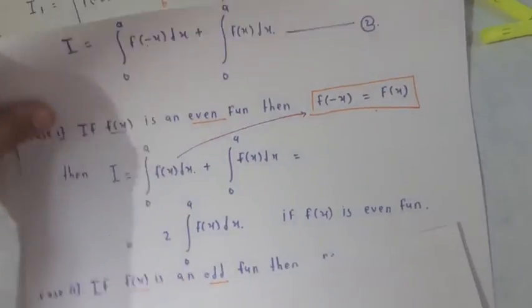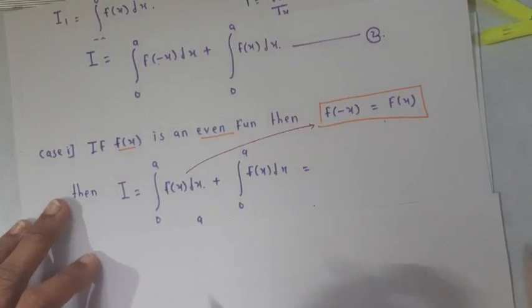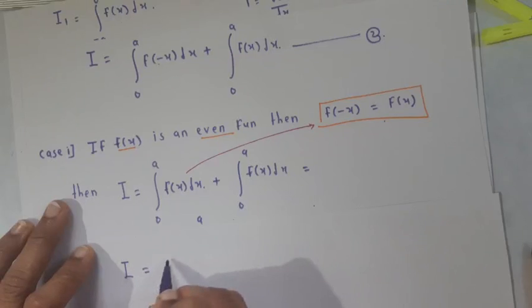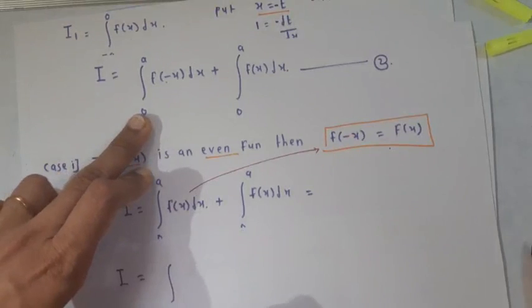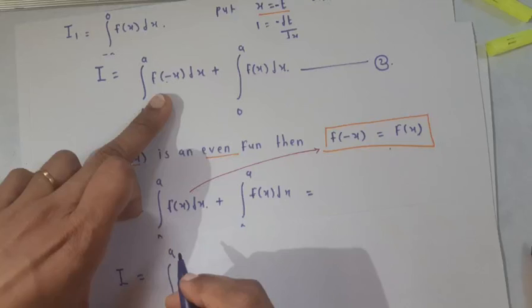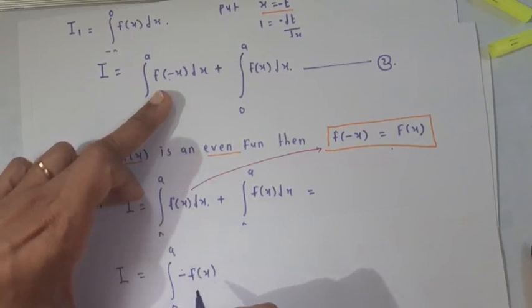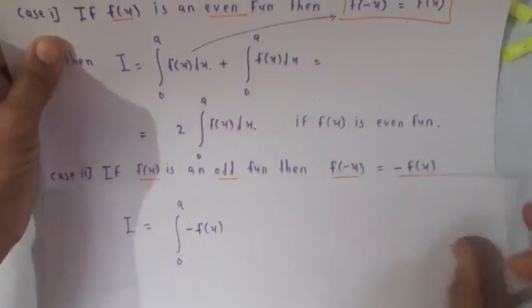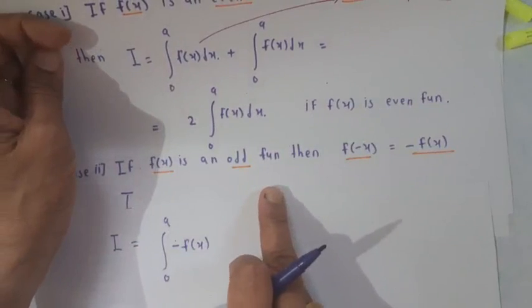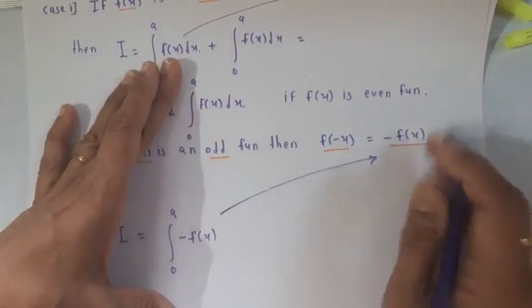integration I equal to 0 to a f of minus x is minus f of x, because this is an odd function. According to the odd function, as f of x is odd, therefore f of minus x is minus f of x by using this.